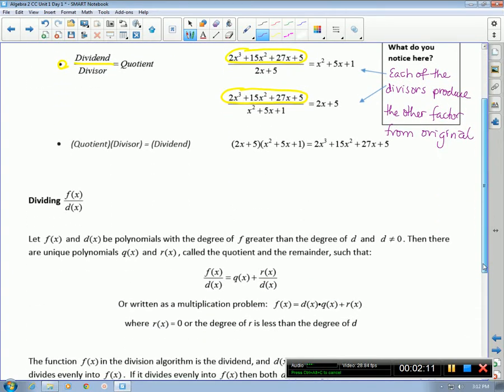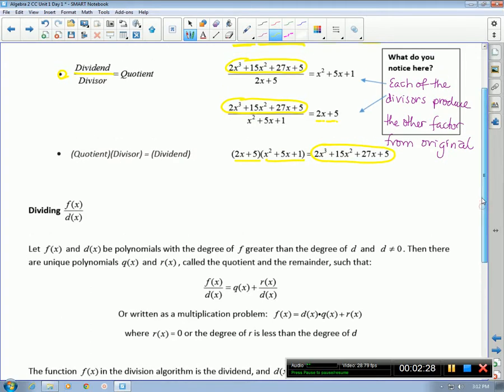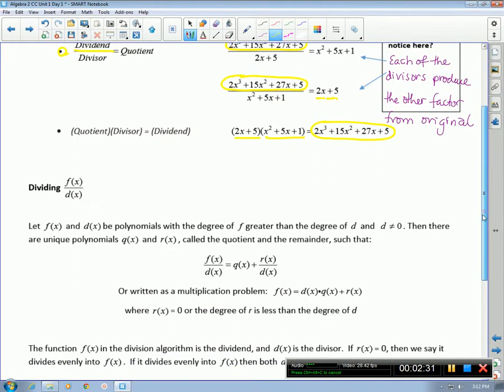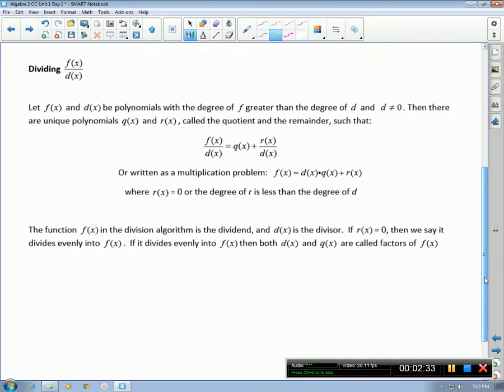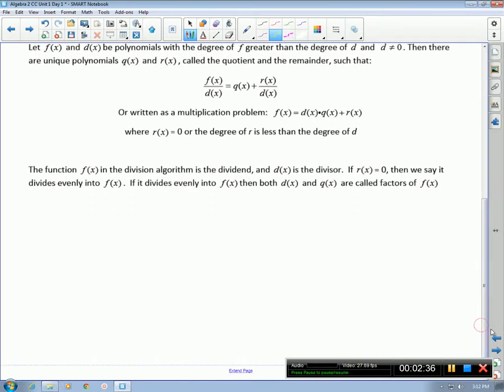And we can also see that our quotient, or our answer to division, our quotient times our divisor, again, gives us the dividend, and that was also the product from up above. So we can use these words sort of interchangeably. We don't want it to get too confusing, but that's some of the vocabulary. So then what else do we see? We have polynomials f of x and d of x. When we divide them, we get a quotient, and sometimes we get a remainder.